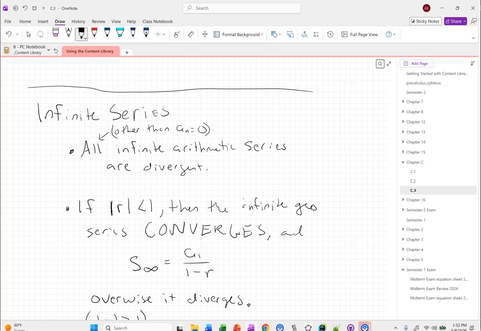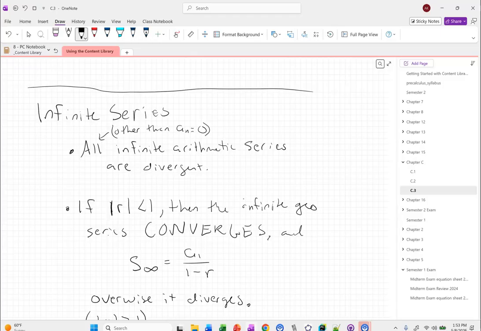Like it's bouncing back and forth between some values. So for example, if I have the sequence that goes 1, negative 1, 1, negative 1, 1, negative 1, and that goes on forever. If I add that up, that could have three answers depending on how many ones and negative ones I have.